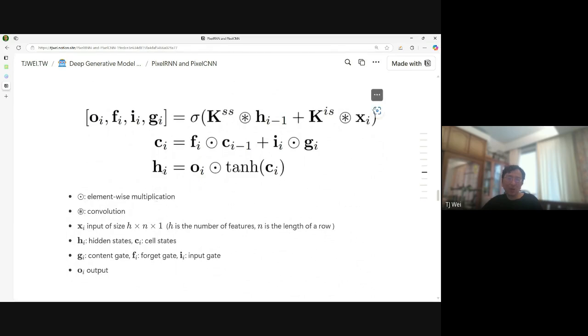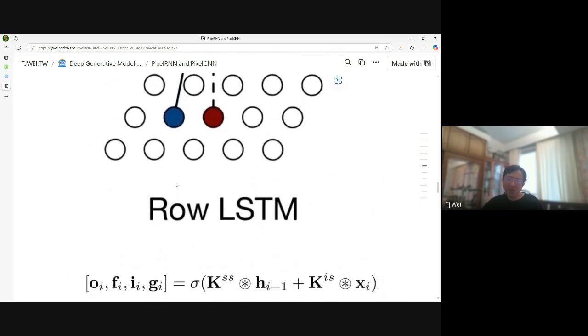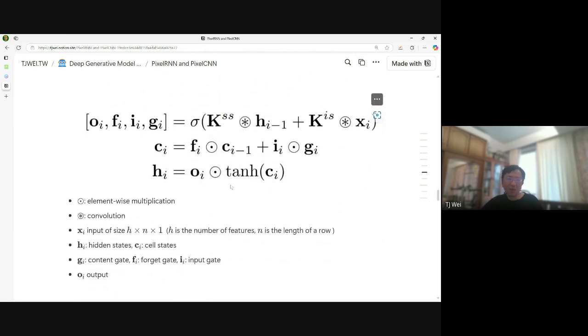There's a forget gate, output gate, input gate, and the hidden state, and the context gate. It uses the context gate, forget gate, cell state and the hidden state, just like what we do.